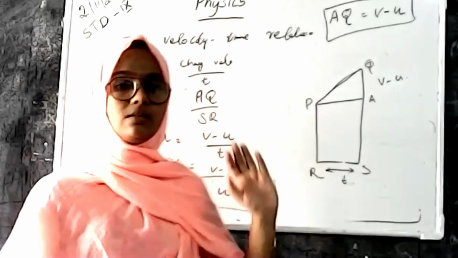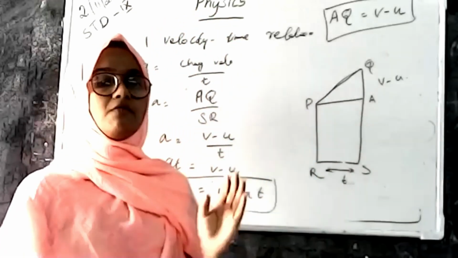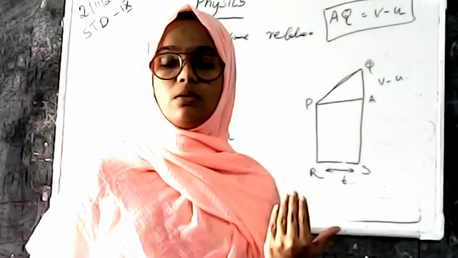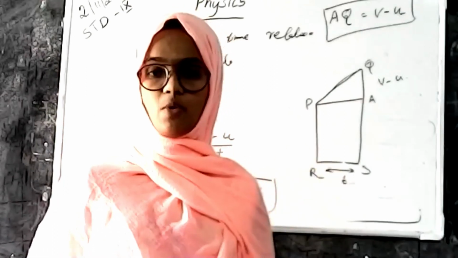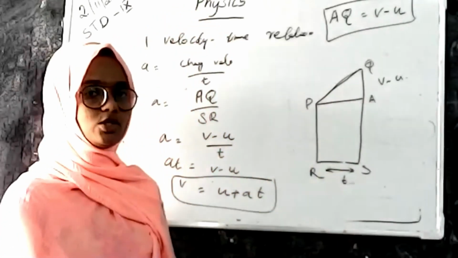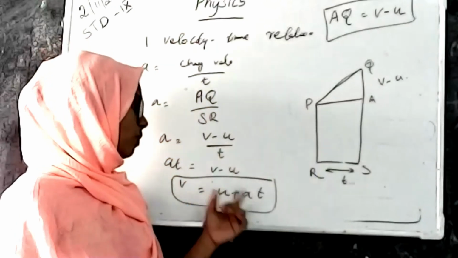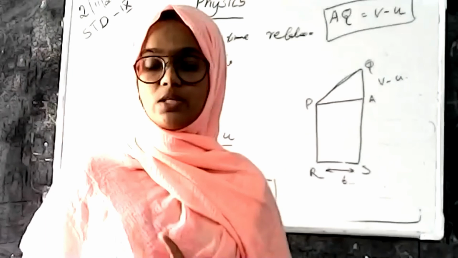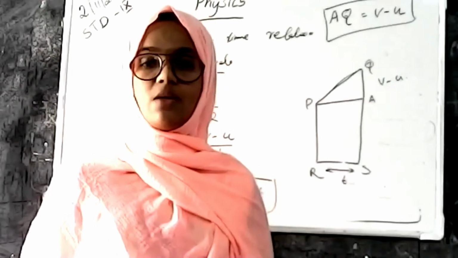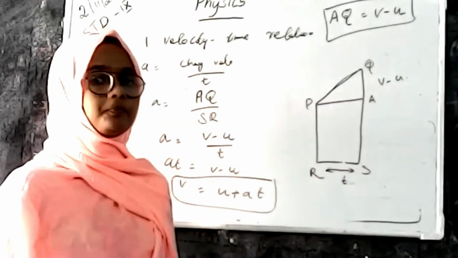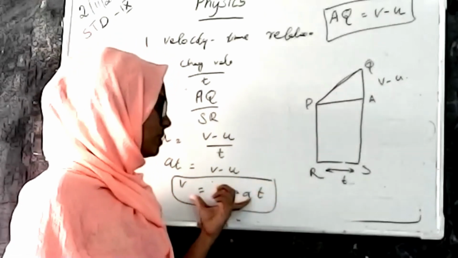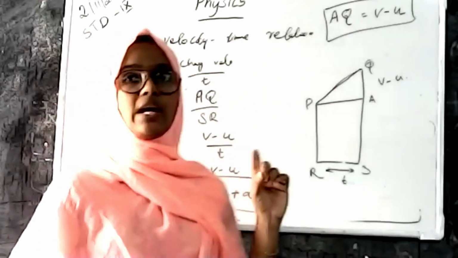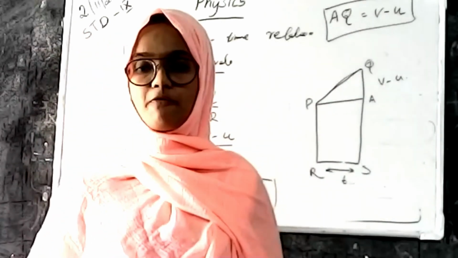With that changing velocity, we are ready to derive the first equation of motion. And what is the first equation of motion? That is V is equal to U plus AT. V is the final velocity of a body and U is the initial velocity of the body. For getting the velocity time relation, first of all, we consider the acceleration of a body.